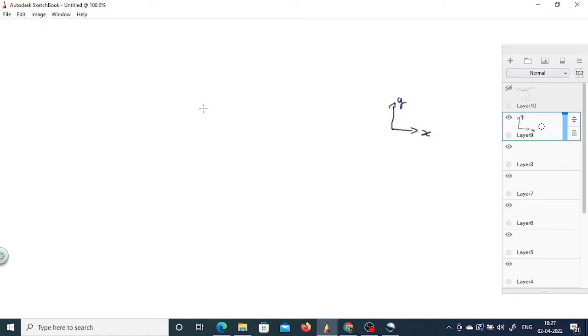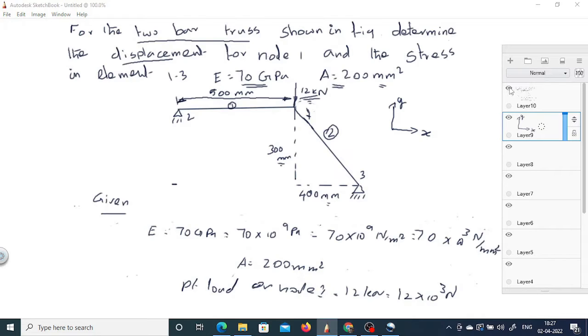So, solution. Consider node 1. According to our problem, node 1 is lying here. So consider node 1 as the origin for our problem. We should identify the coordinates of the various nodes, the other nodes being 2 and 3.